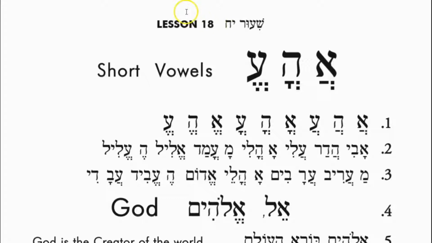Okay, so lesson 18. Today we have what they call the short vowels. In Hebrew, that's called the Chataf Nekudot. Chataf, and Nekudot, the short vowels. Now the way we arrive at the Chataf Nekudot is essentially just adding a shva to the Nekudot that we already know.